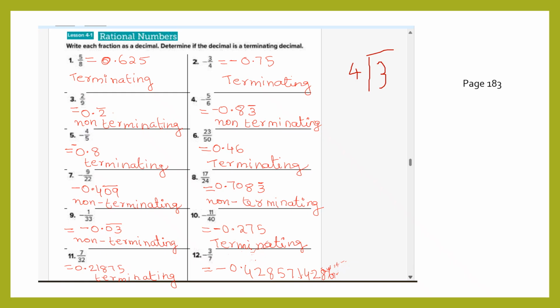Here negative 0.83 with 3 repeating, which means 0.833333, like that it will repeat. So this is also a non-terminating decimal. So try dividing everything and identify whether it is a repeating number or a terminating number. Instead of repeating, they may use the word non-terminating number.